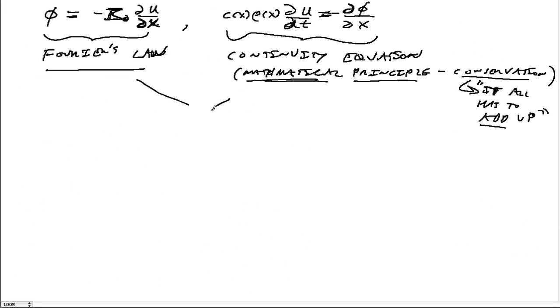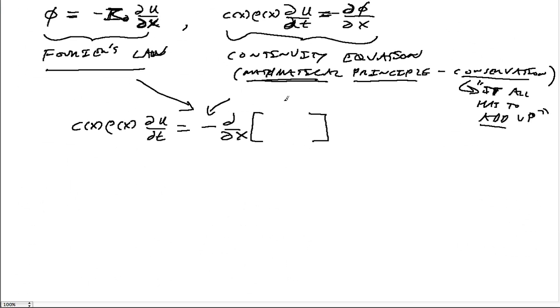So we combine these two things together, and we get specific heat, mass density, the partial derivative of u with respect to t, and that's equal to the negative derivative. I'm going to put this in brackets here, and we would put the flux in, but now we're going to apply Fourier's law, put that in there, and we're going to have the negative k0 like that.